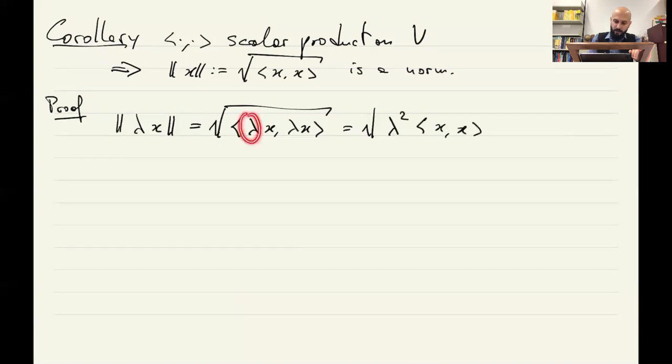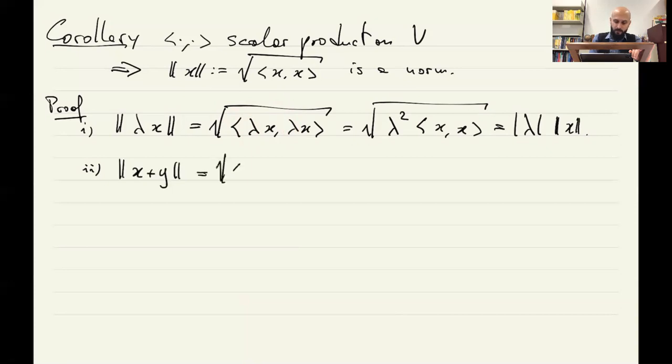So take each one out. And this is equal to the absolute value of lambda times the norm of x. So this was the first thing to check. The second thing to check is the triangle inequality. So the norm of x plus y, so this is the square root of the scalar product of x plus y with itself.